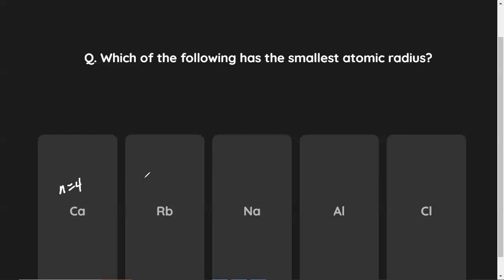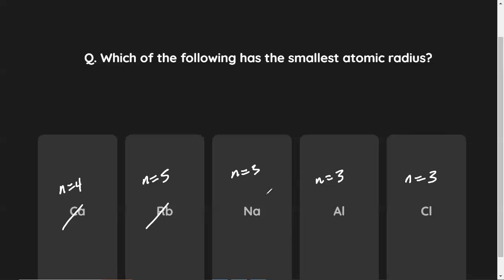For rubidium, 5. For sodium, 3. For aluminum, 3. And for chlorine, 3. So we can automatically wipe out calcium and rubidium. They're too big. They have too many energy levels to be the correct answer here.